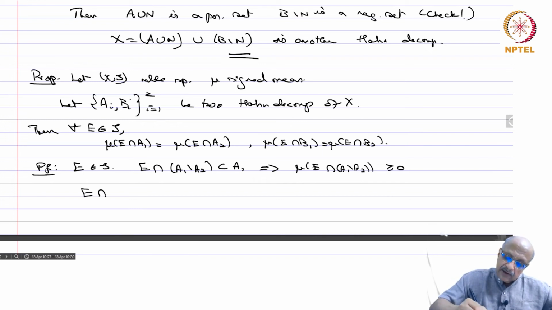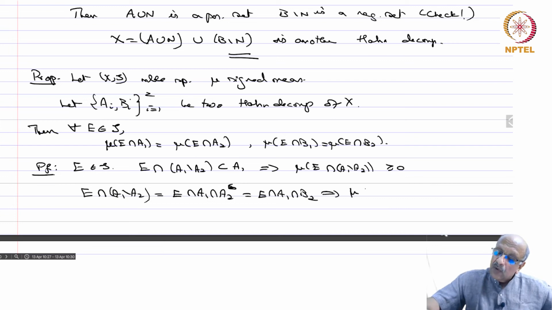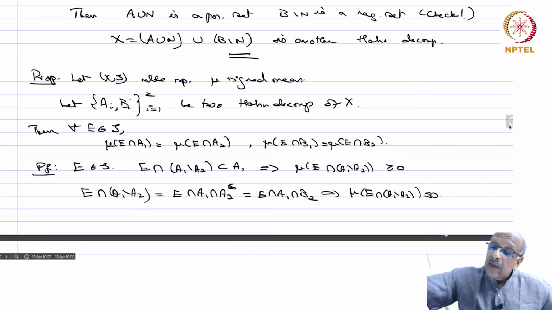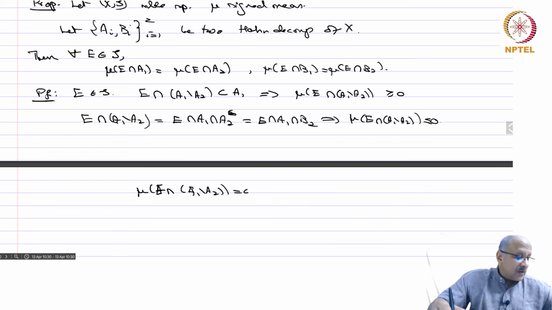But E intersection A1 minus A2 is equal to E intersection A1 intersection A2 complement, which is equal to E intersection A1 intersection B2, and that's a negative set, and this implies that mu of E intersection A1 minus A2 is less than or equal to 0. So mu of E intersection A1 minus A2 is 0.